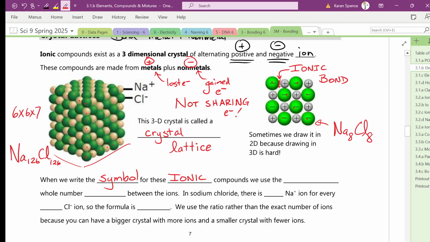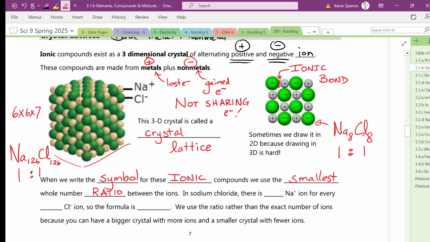But what I do know is that the ratio is always 1 to 1. Yeah? 1 to 1. So instead of writing the formula with the actual number, which we really can't know anyway, we use the smallest whole number ratio.